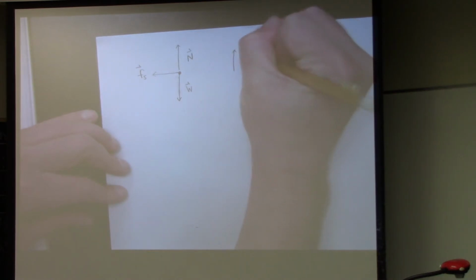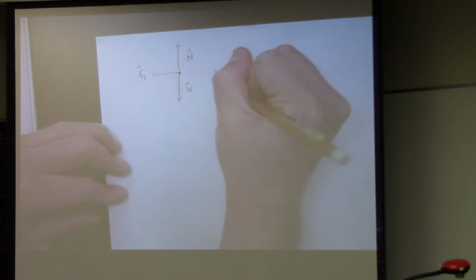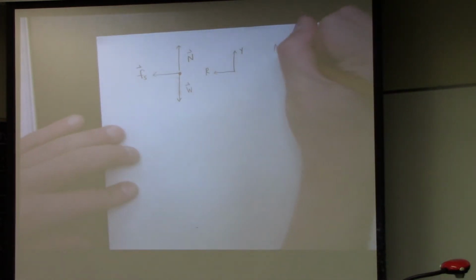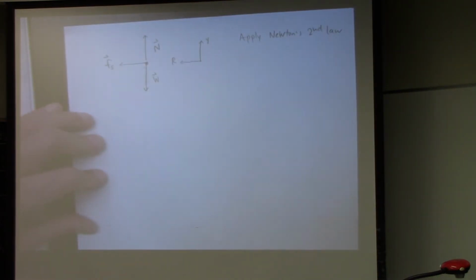We have Y going straight up, and then we have R going in towards the center of the circle. So that's our Y direction, and that is our radial direction. And just like before, what we're going to do is apply Newton's second law to both directions.